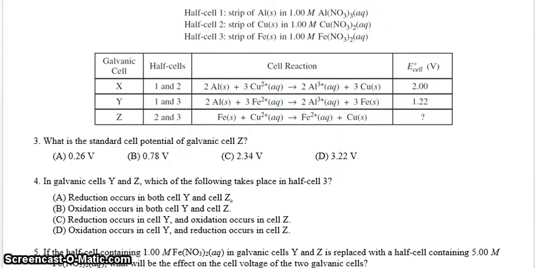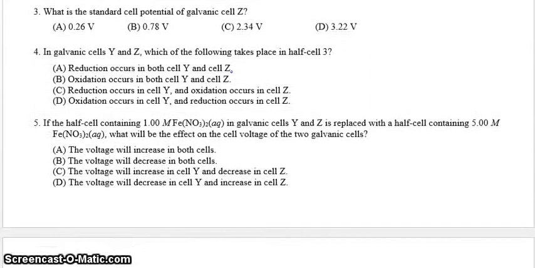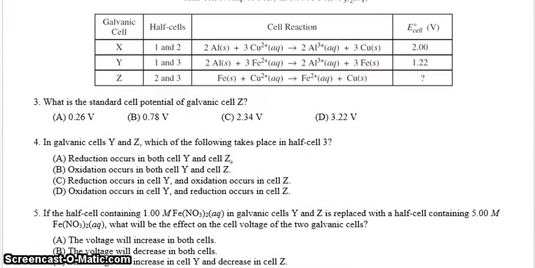All right, let's go ahead and see what number 4 tells us. In galvanic cell Y and Z, which of the following takes place in half cell 3? So what we're asking about is 3, and both of these contain the same chemical. So 3 actually refers to, in this case, iron.